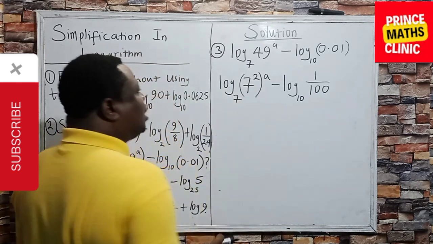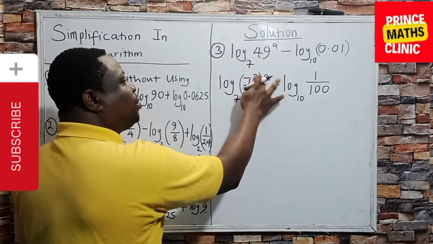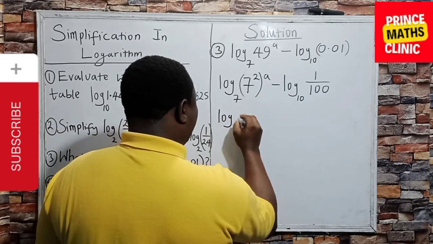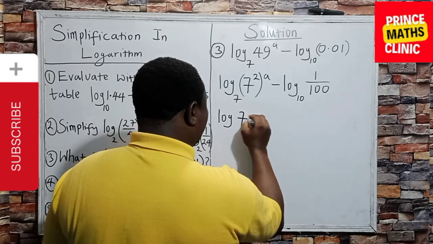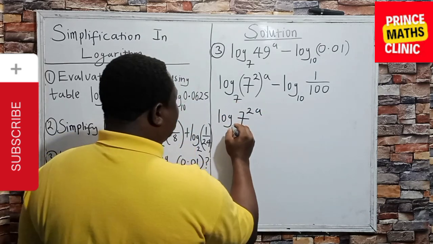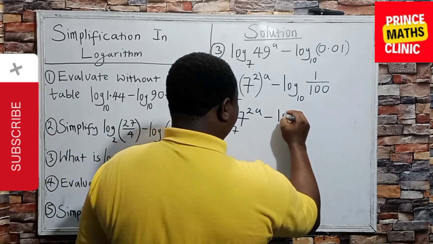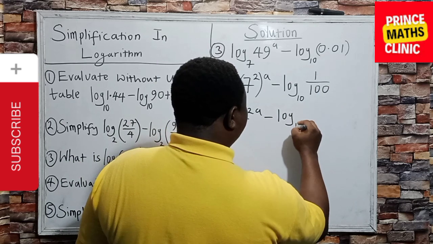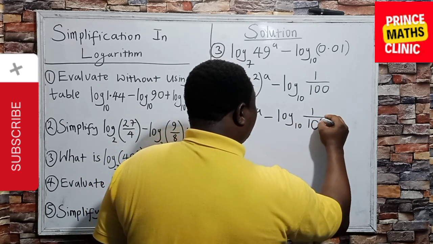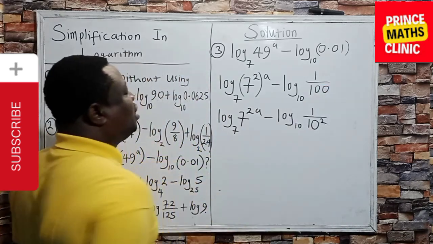Now when in indices, when a power is multiplying a power, you use the powers to multiply themselves. So this becomes log of 7 multiplied by 2a. Then the base is still base 7. Then minus. This can be expressed as 1 over 10 to the power of 2, because if I square 10, I get 100.